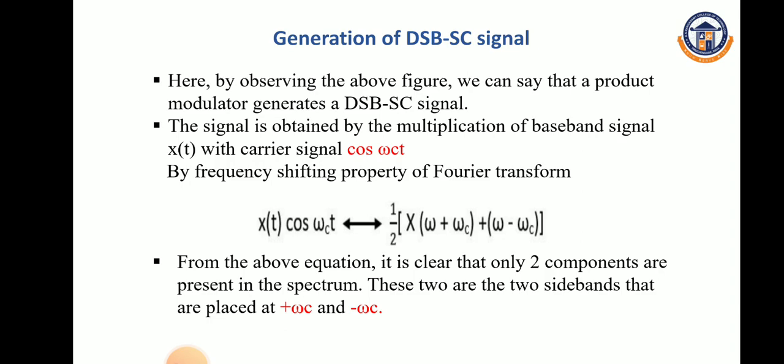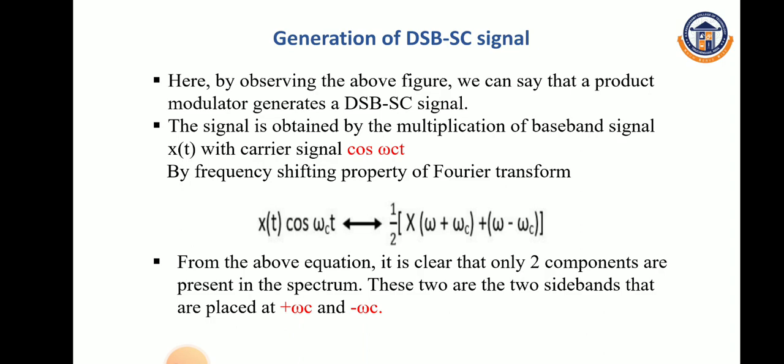As we discussed in the last diagram, the product modulator generates the double sideband suppressed carrier signal. The signal is obtained by the multiplication of the baseband signal, that is x of t, with the carrier cos omega c t.